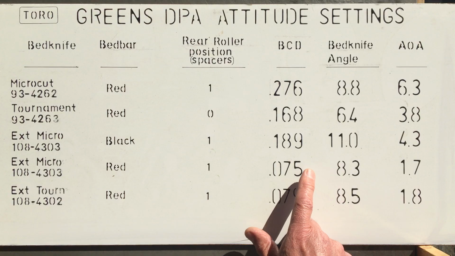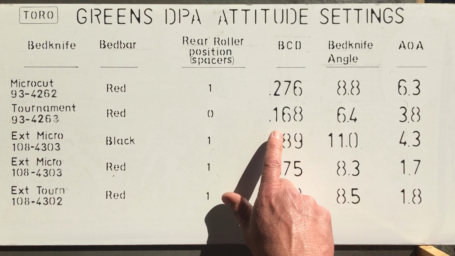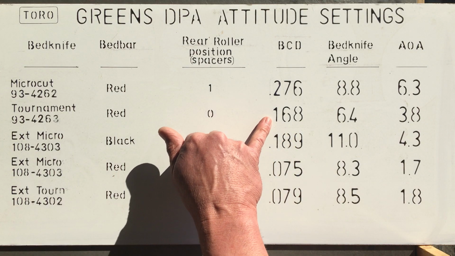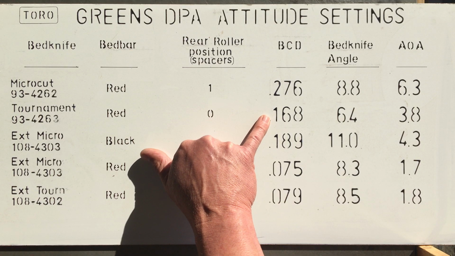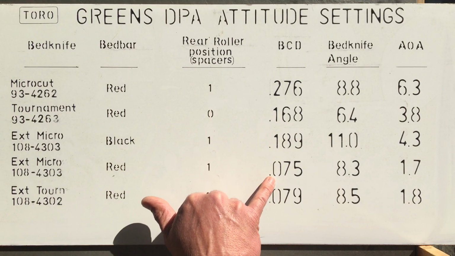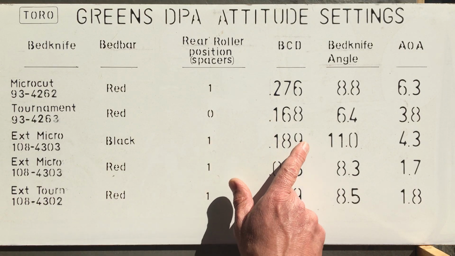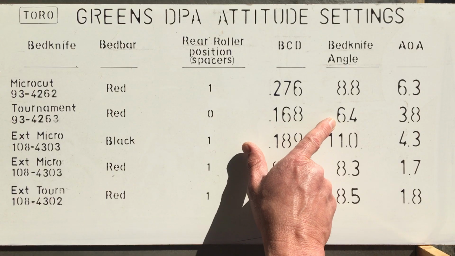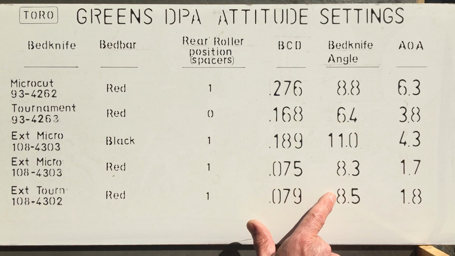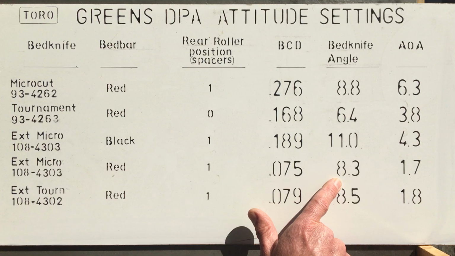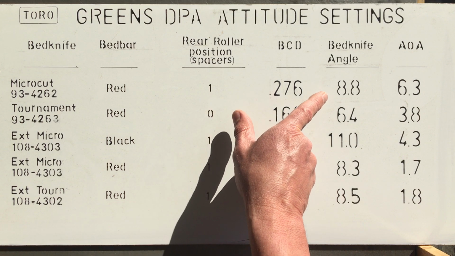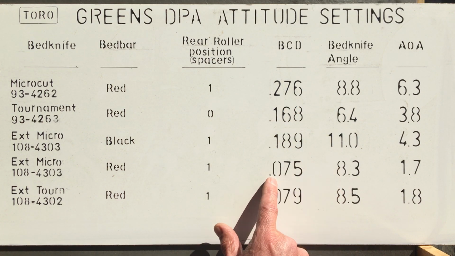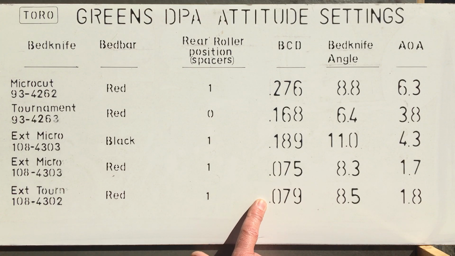Whereas this setup here gives a moderate amount of aggression, more BCD than these two, yet the attitude is less than these two. A much more aggressive setup here, a much greater BCD, but the attitude is very similar to these, which have almost no aggression.